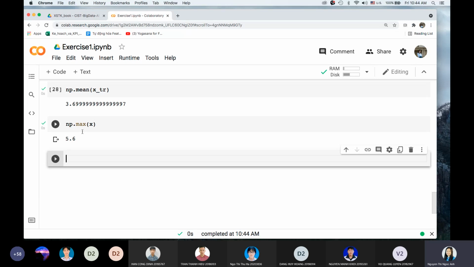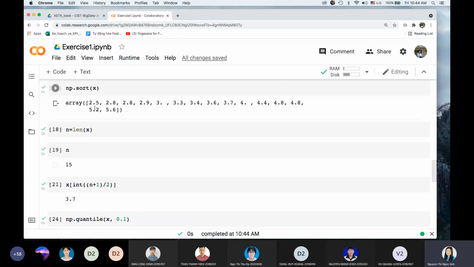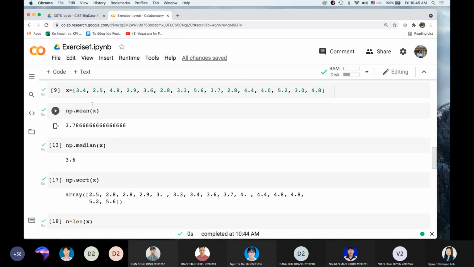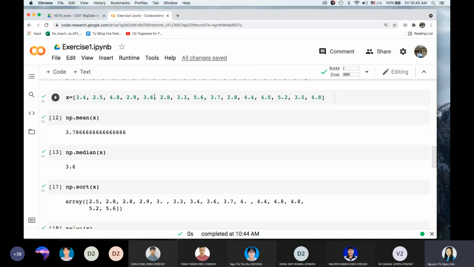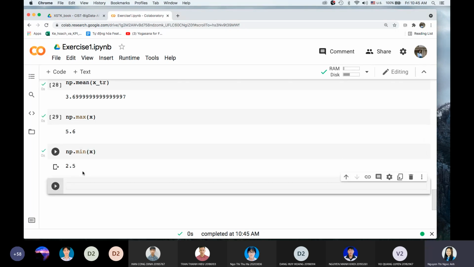We have the maximum point of x here. We have to find the maximum. The maximum here is 5.6, right? And np.min of x, so we have the minimum, 2.5.